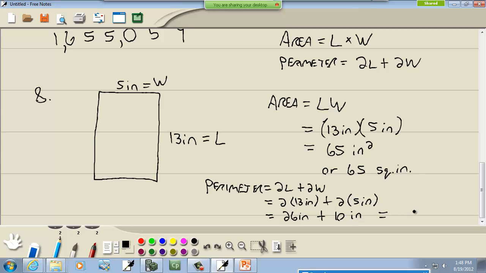And 26 plus 10 gives us 36 inches total. And 26, 31, 36, yeah. So those are our two answers. Area is always in square inches. And then perimeter is in inches.